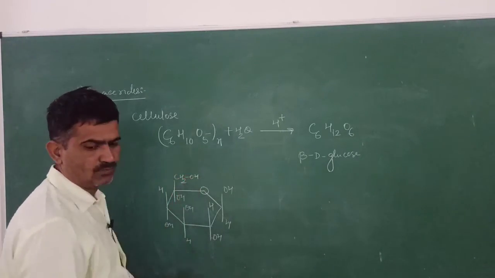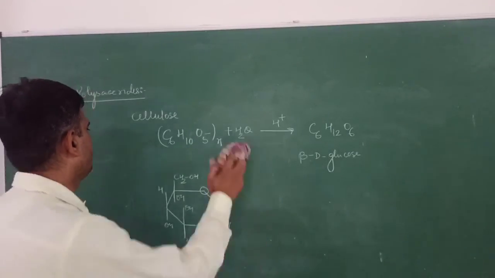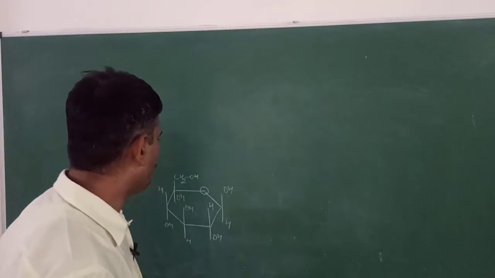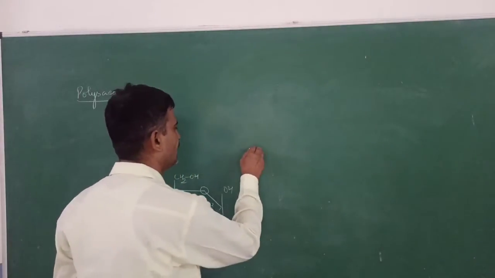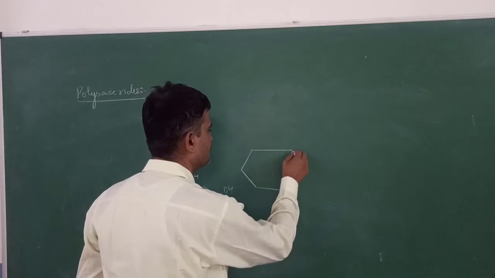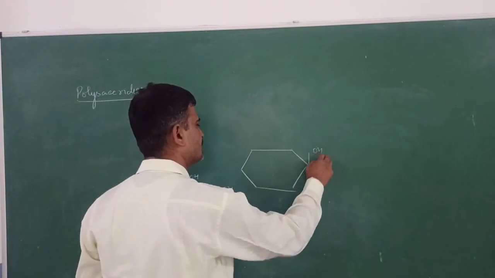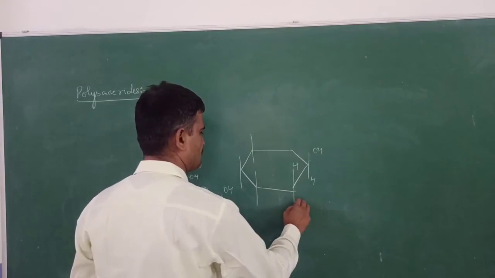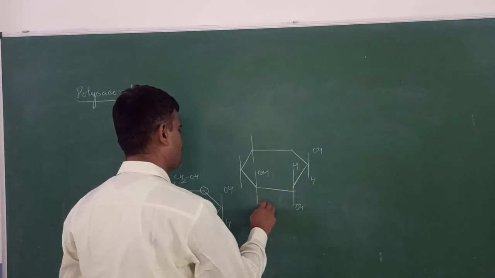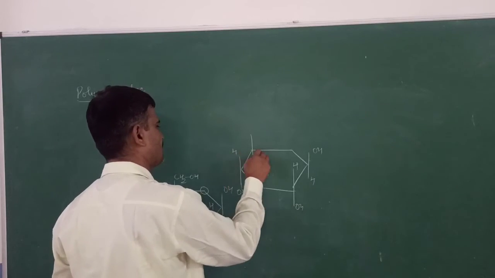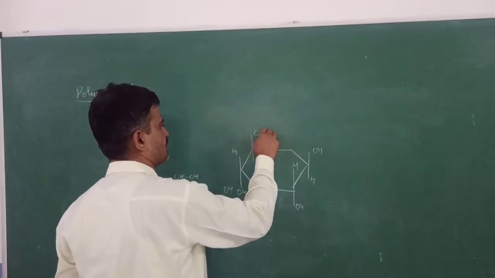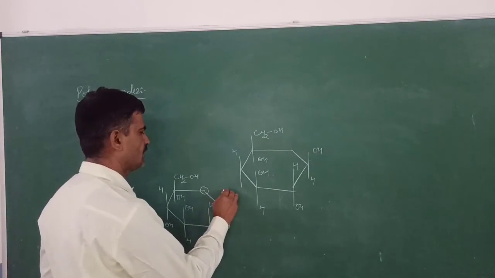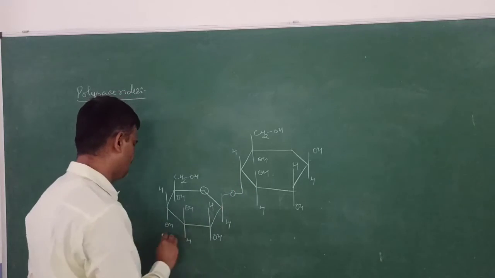This is beta D glucose unit, and these are joined together by C1-C4 glycosidic linkage. This is another beta D glucose unit. This OH group gets condensed and forms a glycosidic linkage.